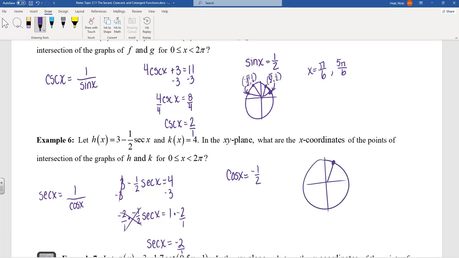This time we're right here. No, actually, we're not right there because we want negative. So we got negative 1/2, √3/2 at that point, and then we'd also have negative 1/2, negative √3/2. And so that is at 2 pi over 3 and 4 pi over 3, those two spots there.